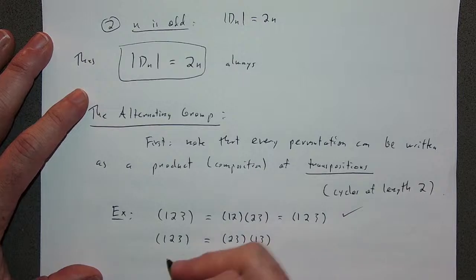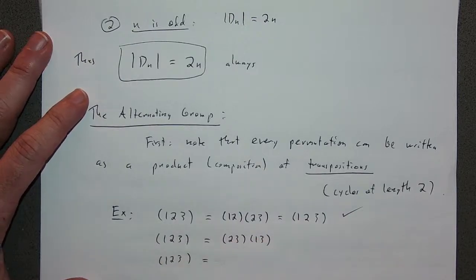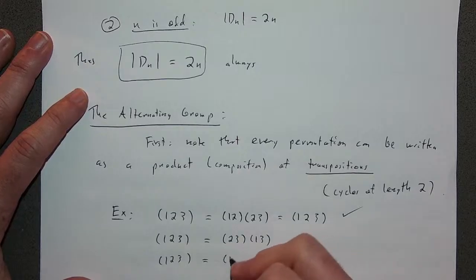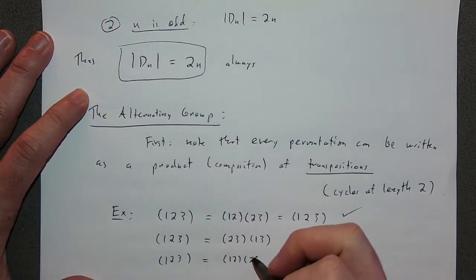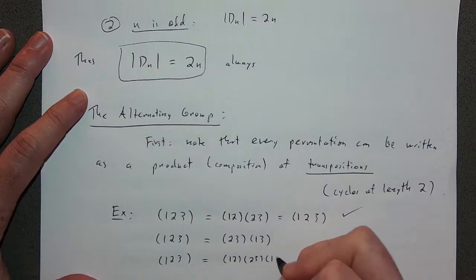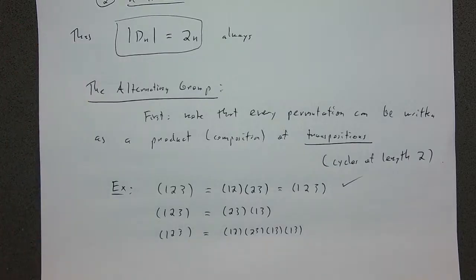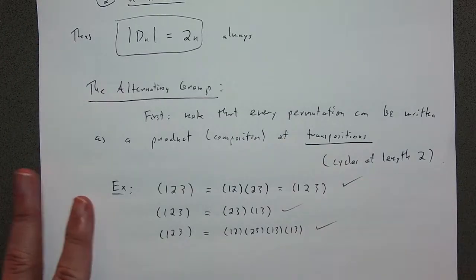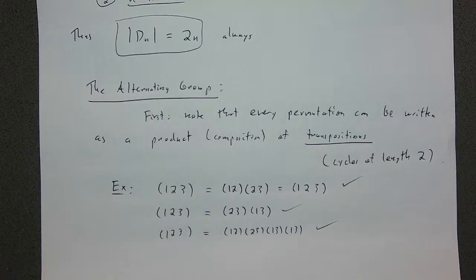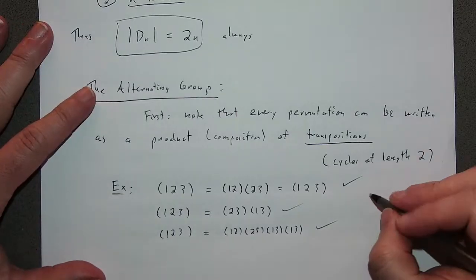I could also write this cycle as the product (1 2) times (2 3) times (1 3) times (1 3). And you should check that both of these, in fact, match. So there's not a unique way to do this.